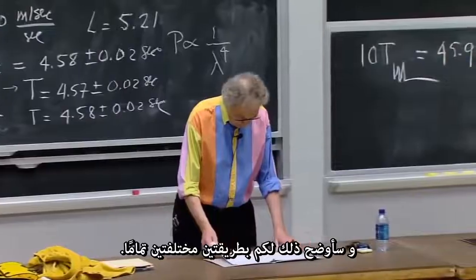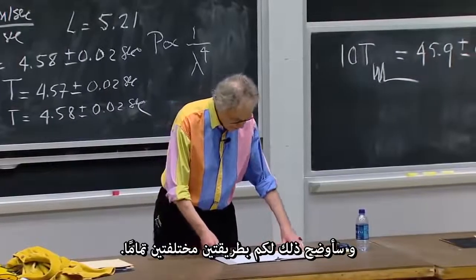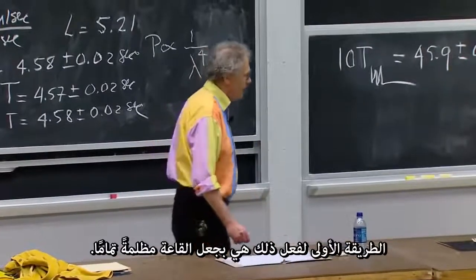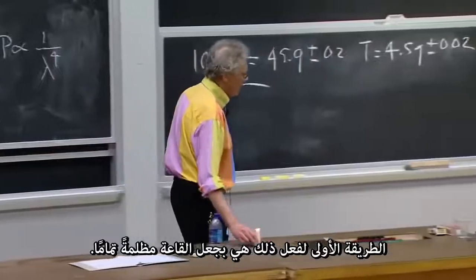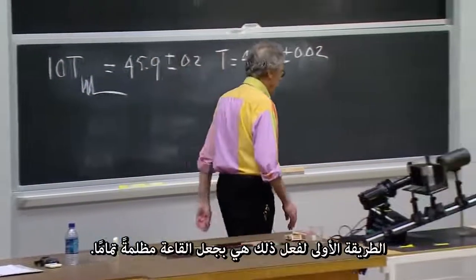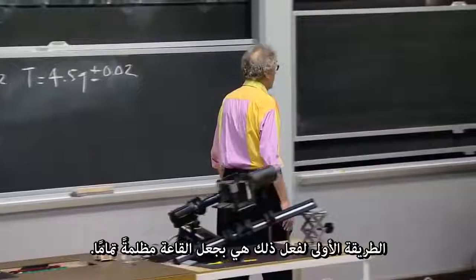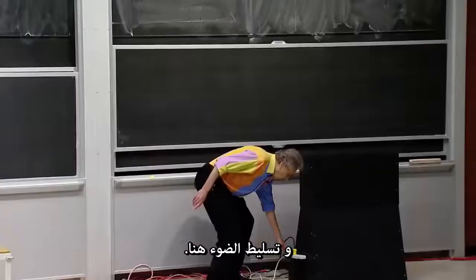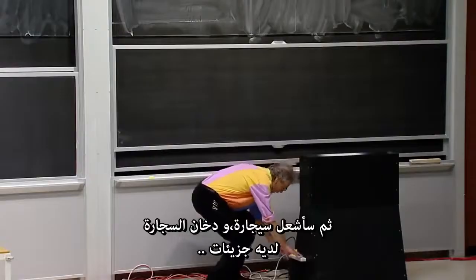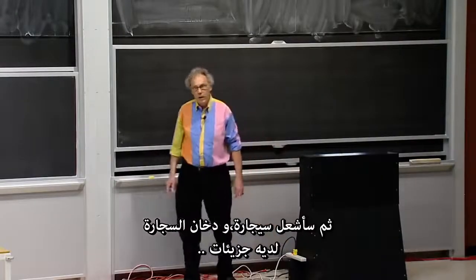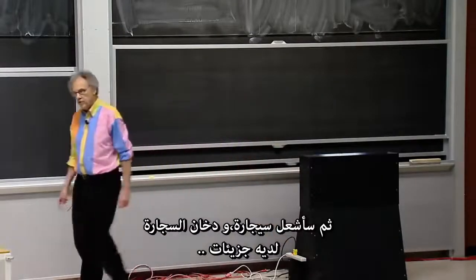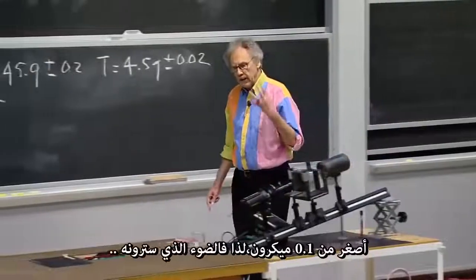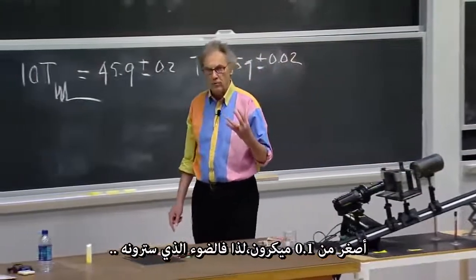in two completely different ways. The first way that I'm going to do that is to make it completely dark in the lecture hall and have light going straight up here. Then I will light a cigarette, and the smoke of a cigarette has particles that are smaller than a tenth of a micron.